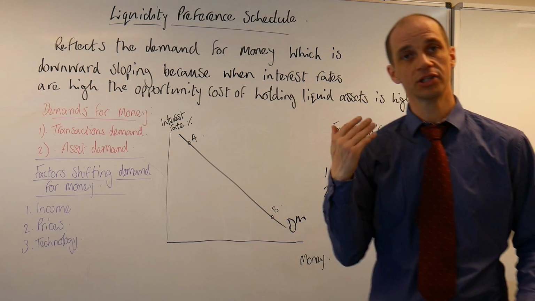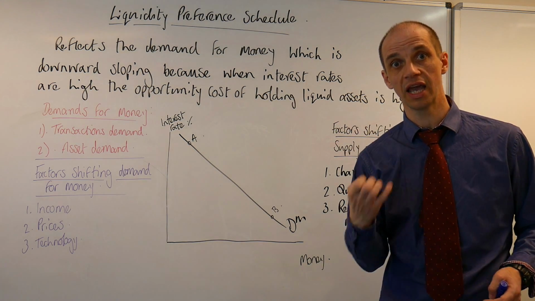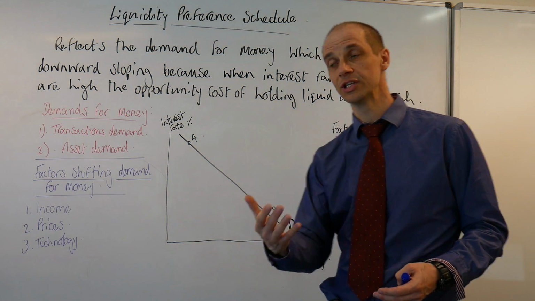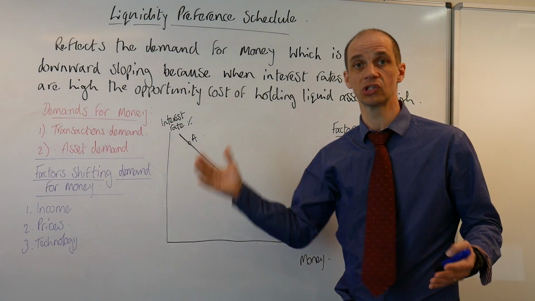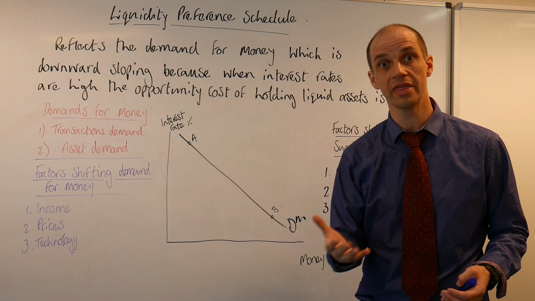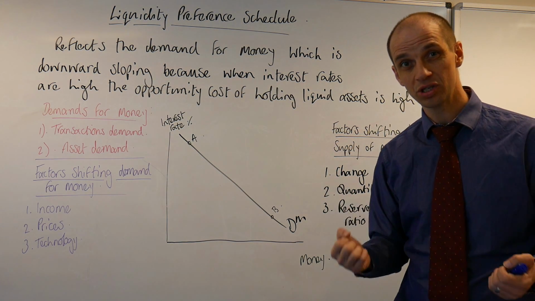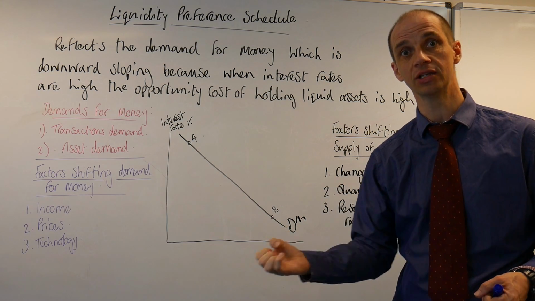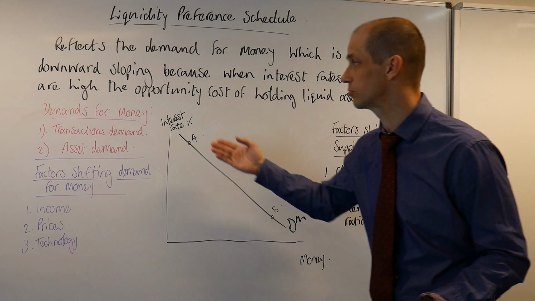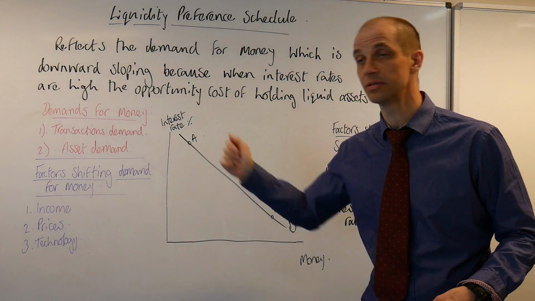Well, firstly, it's about transactions demand. You have a demand for engaging in transactions, to buy groceries on a weekly basis. So that's obviously highly important. There can be a precautionary demand within that component as well, and that precautionary demand could be people just wanting to have some cash just in case they need to prepare for any unforeseen circumstances perhaps. And our second main reason is about asset demand.